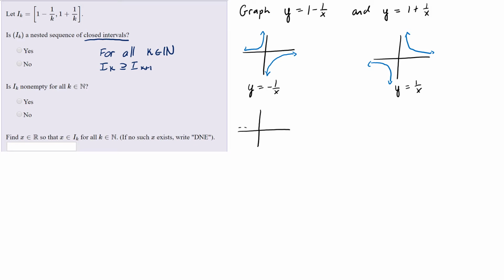So both graphs will have these horizontal asymptotes, these y equals 1 lines, and then they'll just be shifted up, like so.